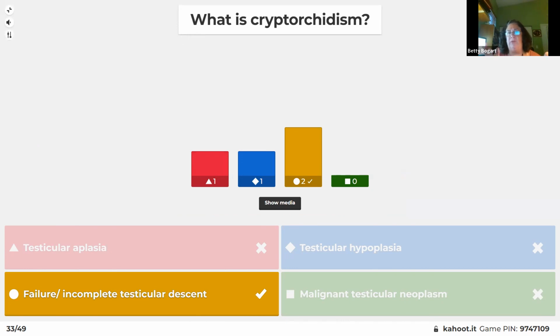Sometimes there's both. Now, the thing with examining these children, if you are a male and you're in the cold and you expose your scrotum to cold, it sucks it up, right? So the only time you can get a real good exam is when you have it warm, so you can see, are the testicles there or not.